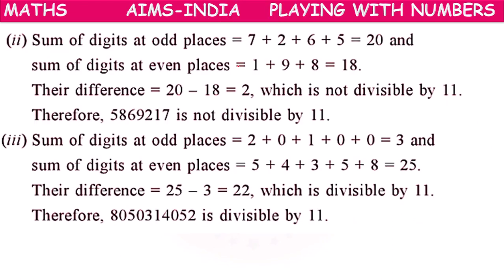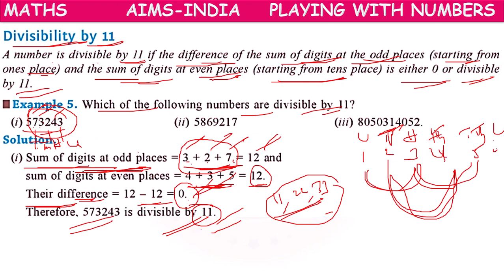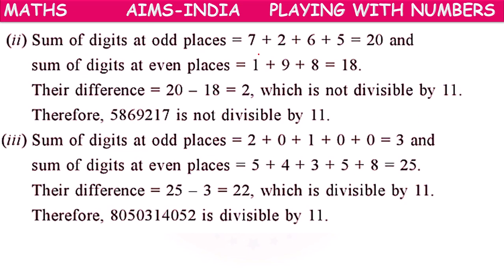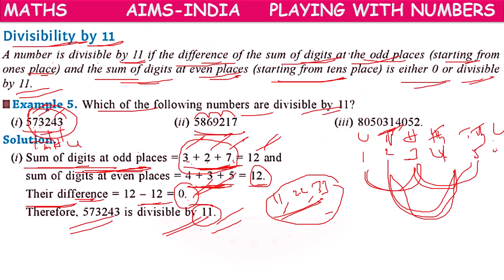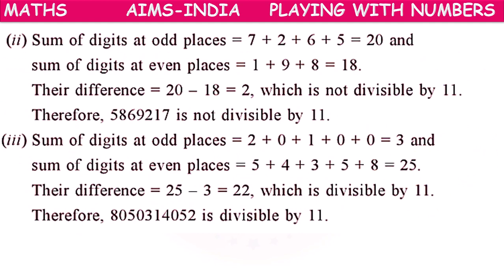Next, the second one. So 5, 8, 6, 9, 2, 1. Numbering from the right side, 7, 2, 6, 5 are the odd places. We have to do their sum.